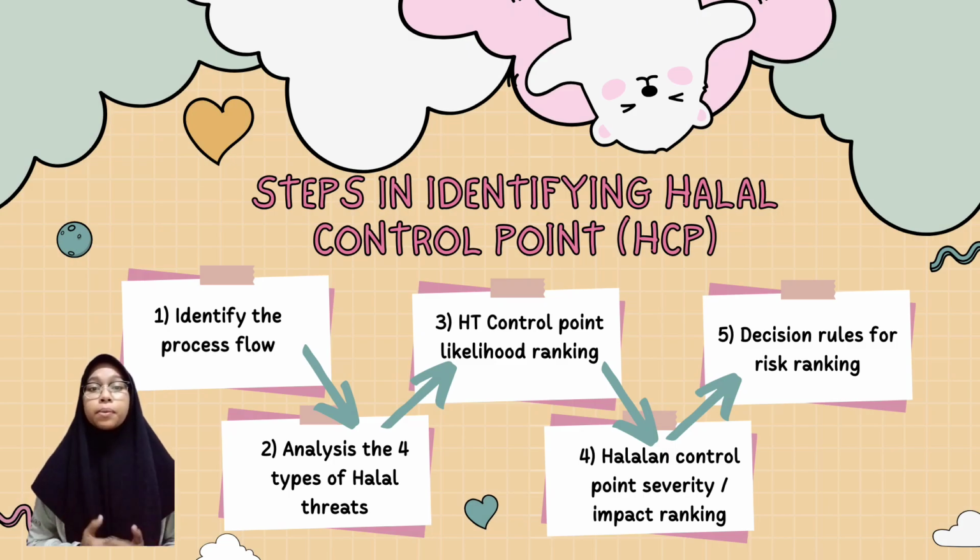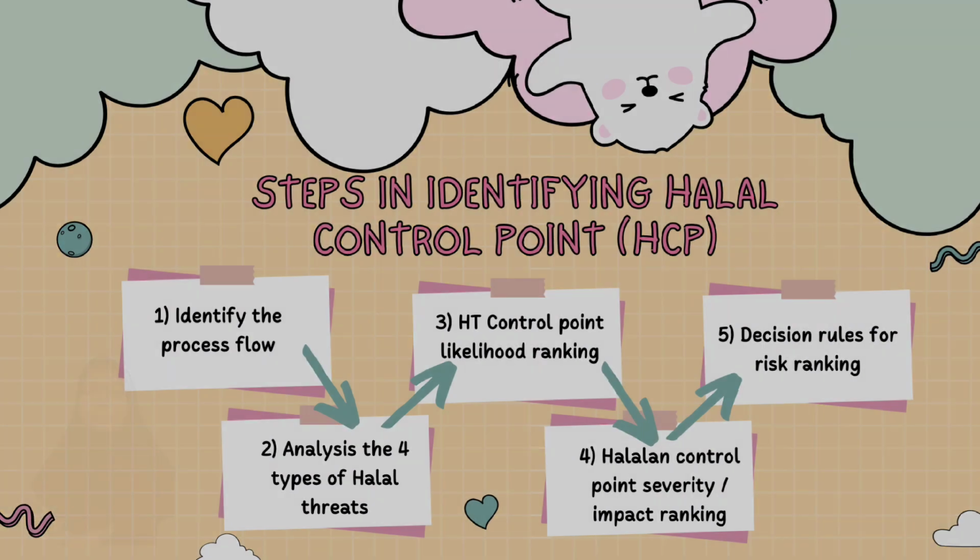There are 5 steps in identifying halal control point, which are: firstly, identify the process flow; secondly, analyze the 4 types of halal threats; thirdly, identify halalan toyiban control point likelihood ranking; fourthly, identify halal control point severity or impact ranking; and the last one is make a decision rules for risk ranking.